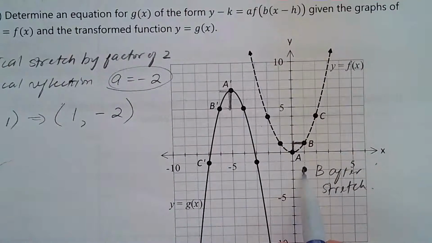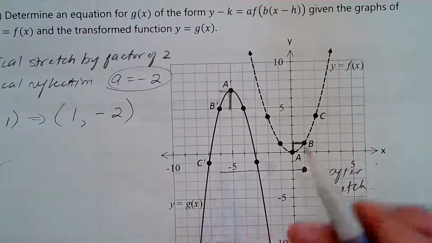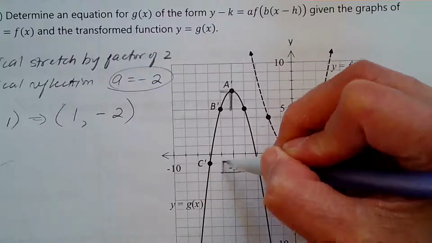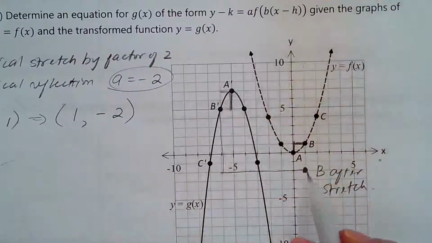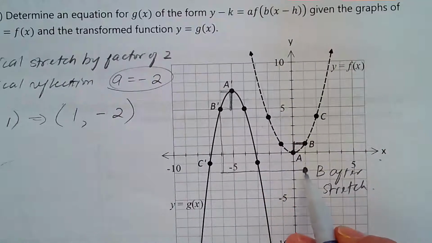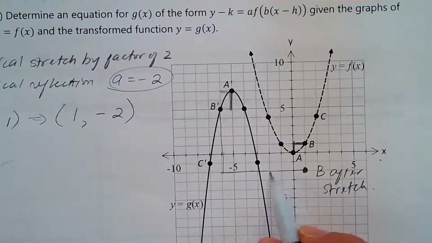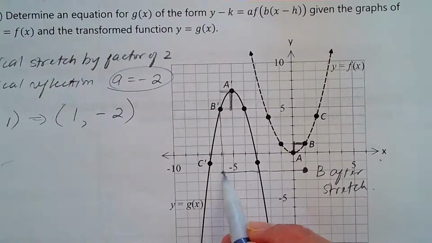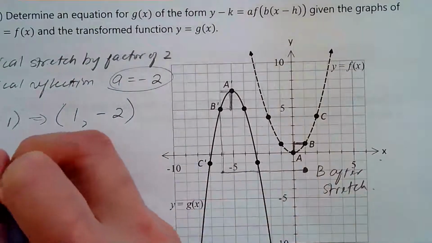It went left and up. So how many units did it go left? 1, 2, 3, 4, 5, 6, 7. Left 7.